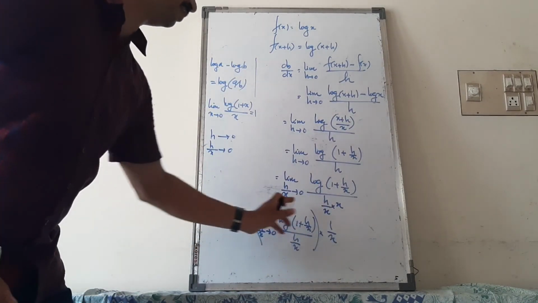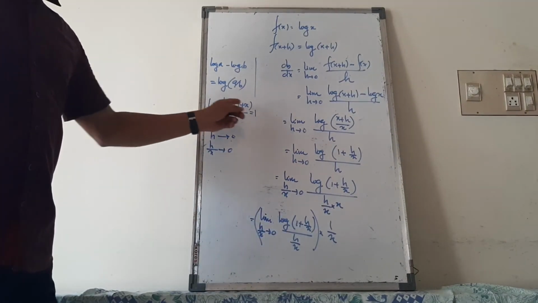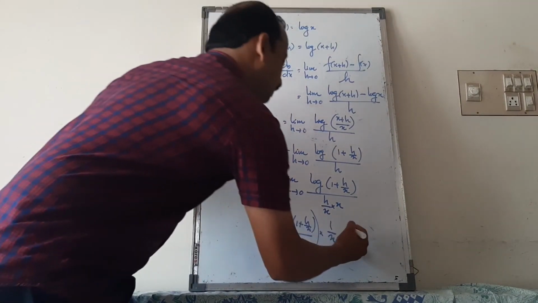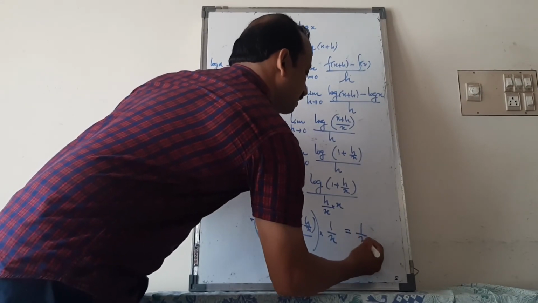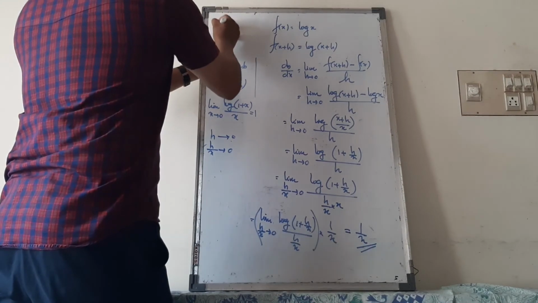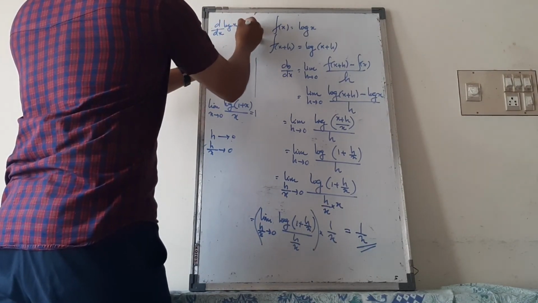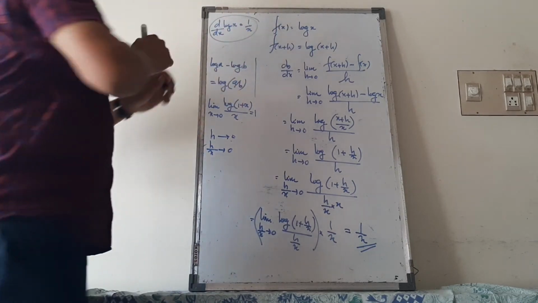The value of this limit tends to 1, because it is of the form limit x tends to 0 of log(1 plus x) by x. That is 1 into 1 by x. You get the answer 1 by x. That means the derivative of log x, d by dx of log x, is equal to 1 by x.